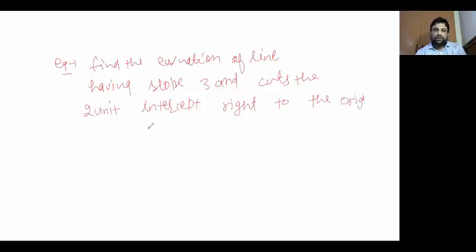So here you can see right to the origin means in this question they are giving the x-intercept. So we can say that here d is given as 2 and m is given as 3.